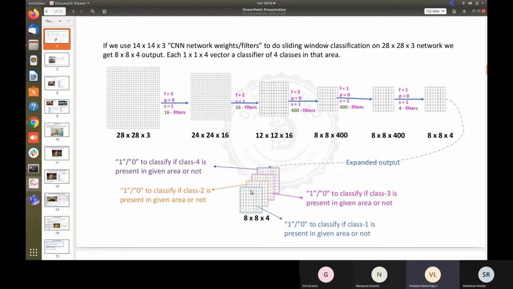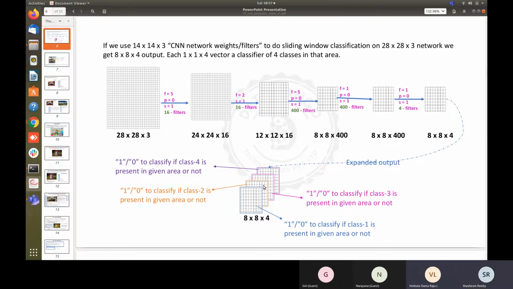So you need to decide which cell to finalize. Deciding which cell to finalize is done using non-max suppression and intersection over union. Got it? So out of these 64 elements of the 8 by 8, we will take only one. We will get only one class.